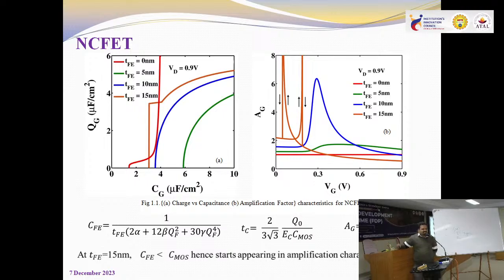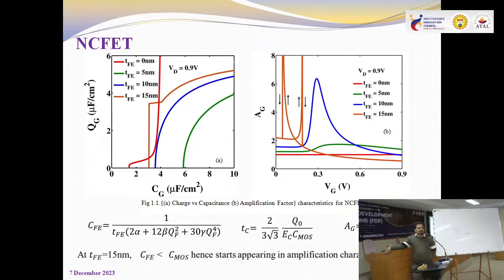But there is one interesting thing happening over here. When TFE equals 5 nanometer, this is lower and this is higher. Similarly, when TFE equals 10 nanometer, these two are very close to each other. Just see this red and blue characteristic.